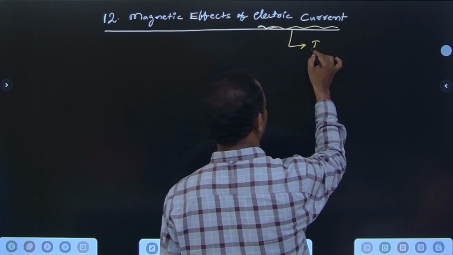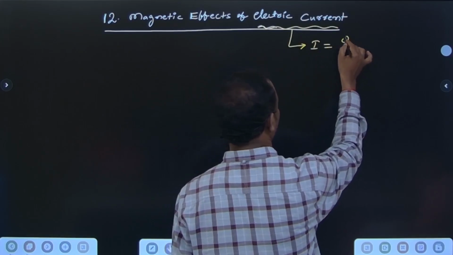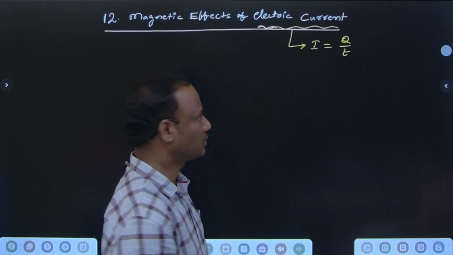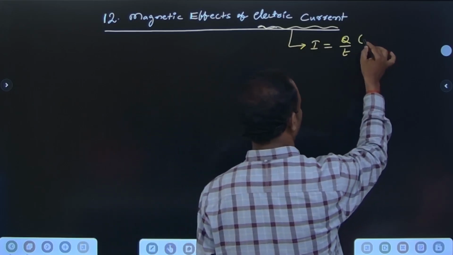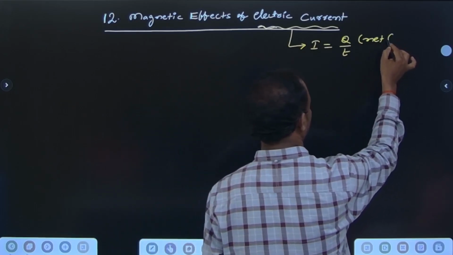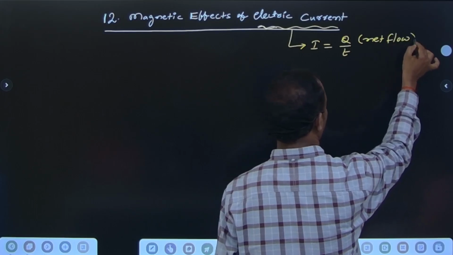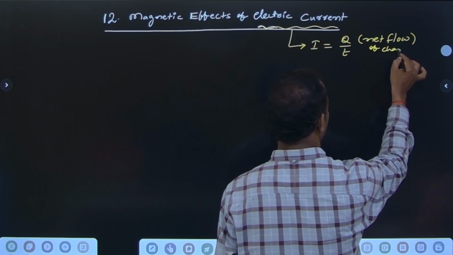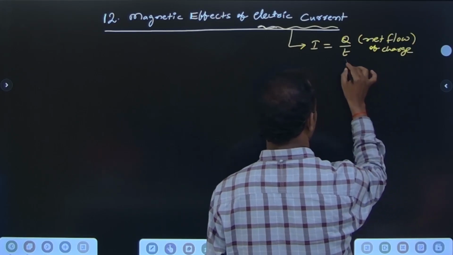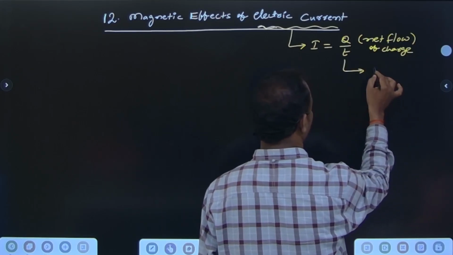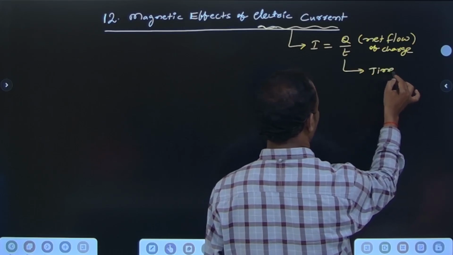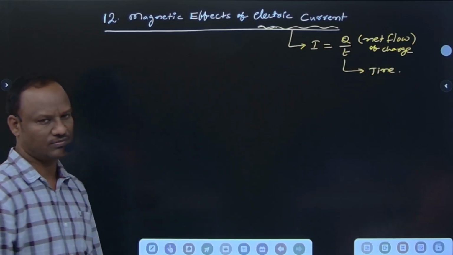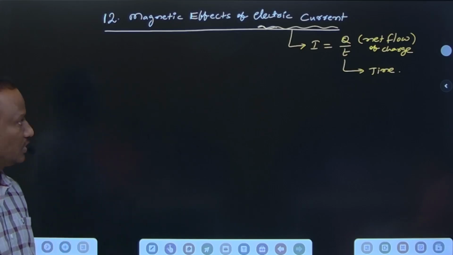Electric current I is equal to Q by T. Q is the net flow of charge, and T stands for time, unit time. Net flow of charge means the net flow of positive charge.